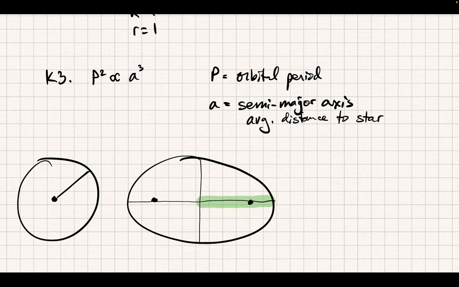So how do you upgrade from a proportional statement to an equality? What do you need? Another variable? No. A constant of what?